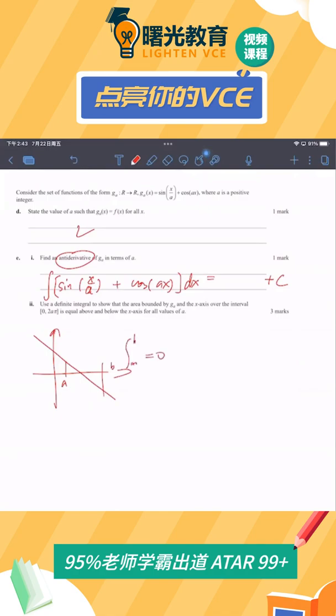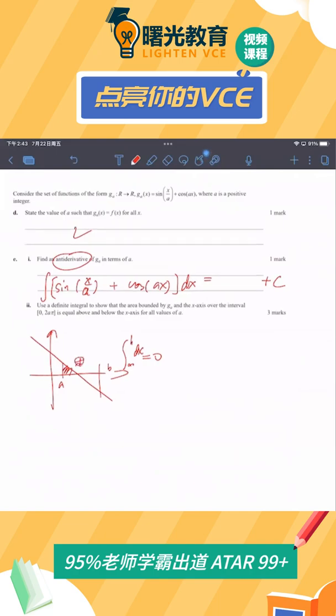It will be 0, because by the sign, the definite integral above is positive and the definite integral underneath will be negative. And that is how the areas are exactly the same. You don't have to worry about the shape of it.